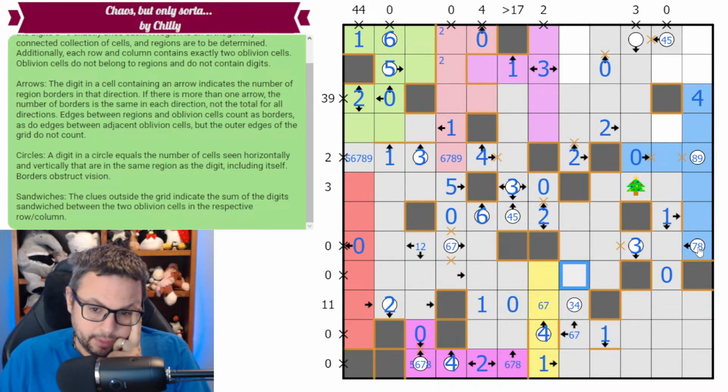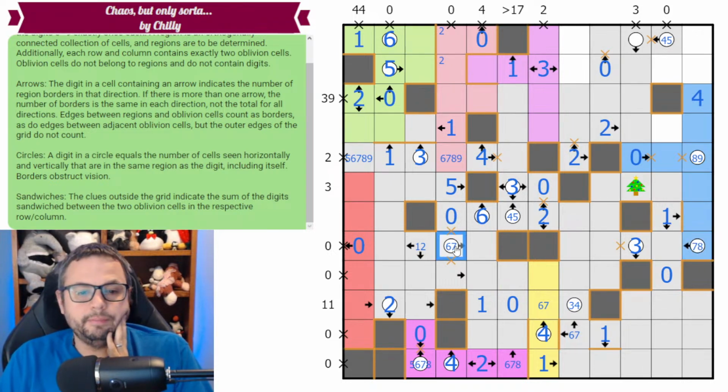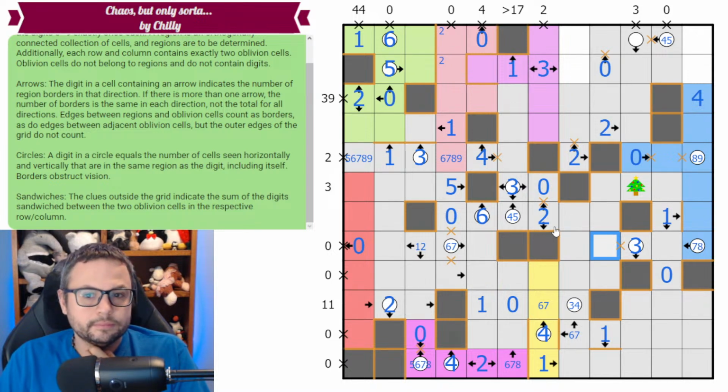Yeah, it's the circle that's extending because this circle number is bigger than that number, so this number had to be huge. Oh, there's one more Oblivion cell in row 4. Thank you, chat. Which means that's not an Oblivion cell.